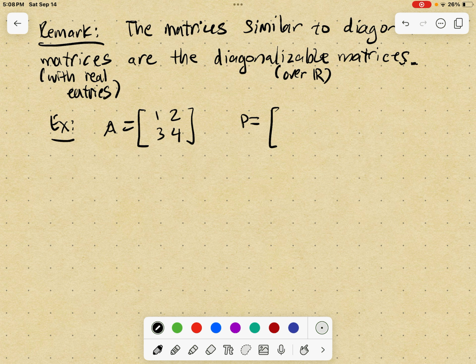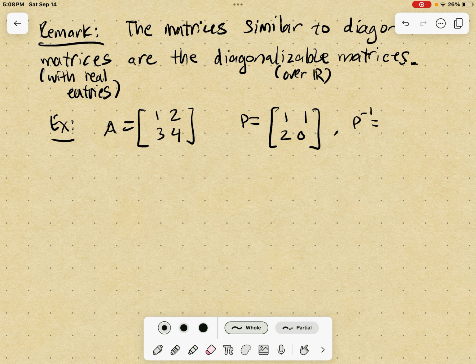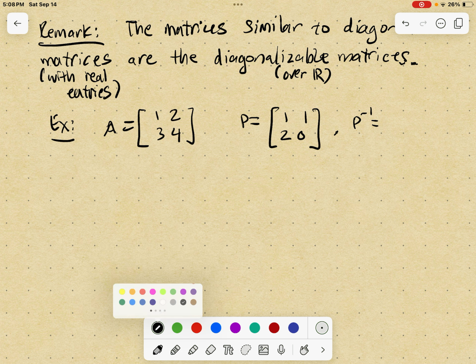So if P is the matrix 1, 1, 2, 0, say, then P inverse is, let's see, the determinant of this is -1, so it's 1 over -1 is -1, and then times D, and then -C.